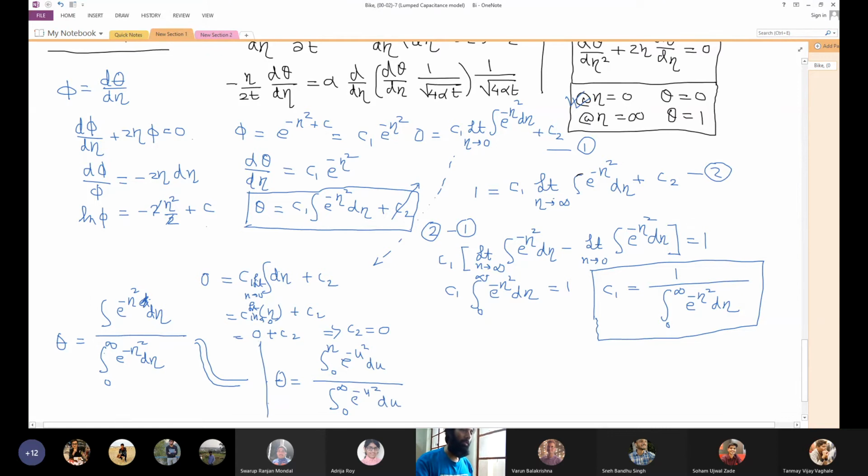That's how this function is written. And there is a reason why we write it this way, because this is a well-known function. This is called the Gaussian integral or error function. Okay, this is a well-known function in mathematics. This is called the error function.